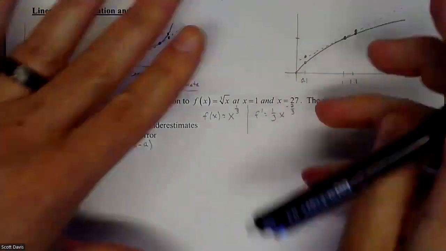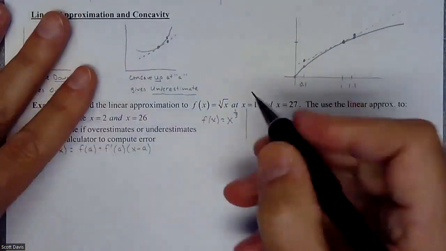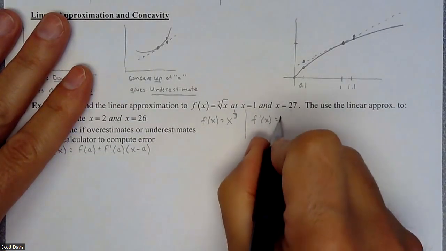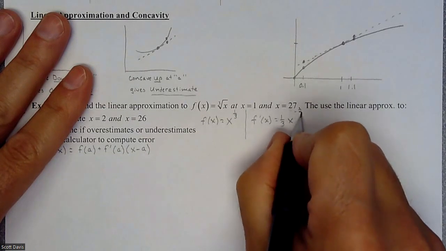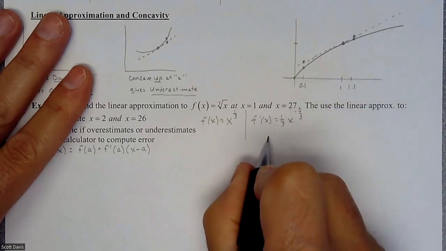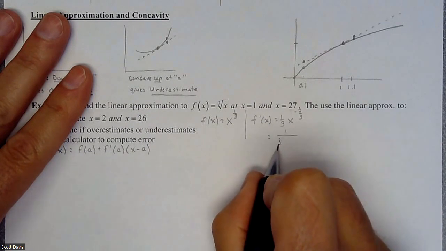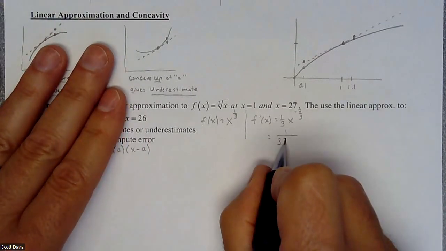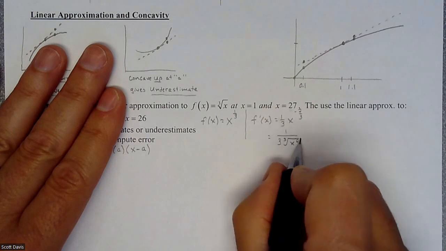Right? So there is our first derivative. Our first derivative is 1/3 x to the negative 2/3, which I'm going to rewrite as 1/3 times the cube root of x squared.